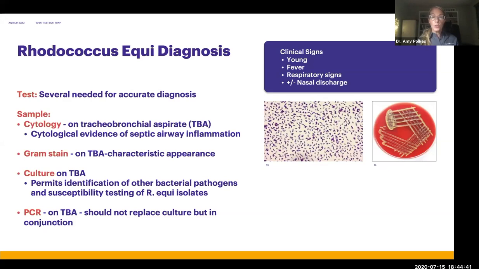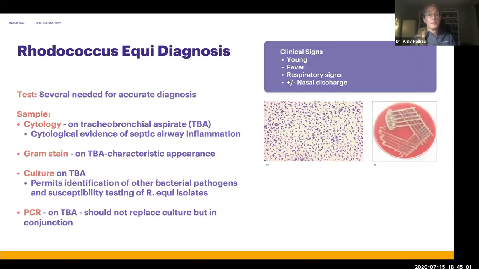You can do PCR on the tracheobronchial aspirate, but it really shouldn't replace culture, because as I said, you're not going to get identification of those other bacterial pathogens, nor will you get the susceptibility testing. It's going to tell you the organism is there or not, but it won't give you that added information.